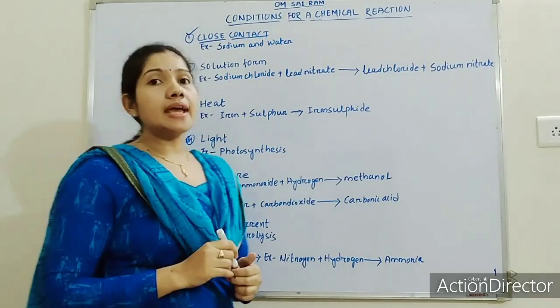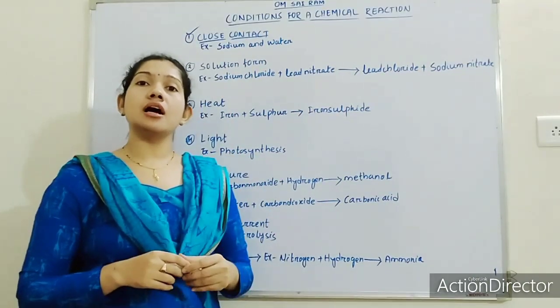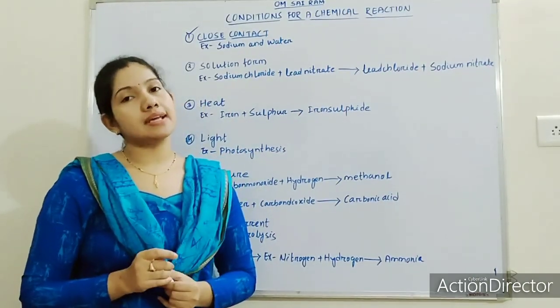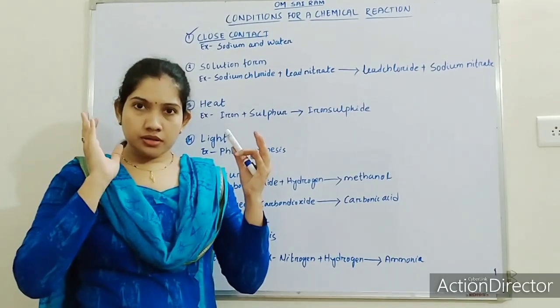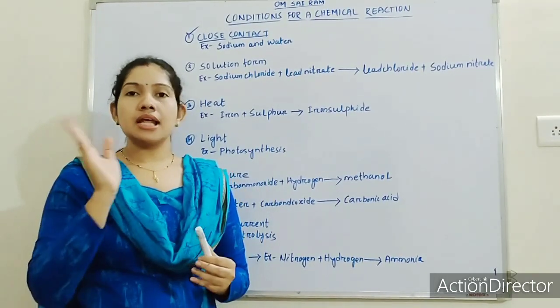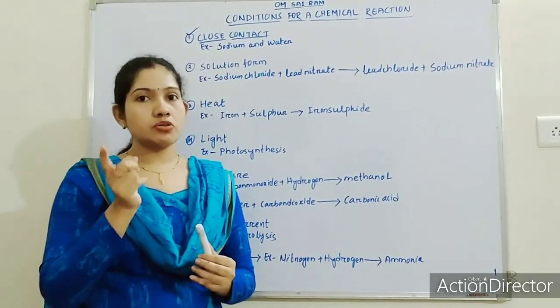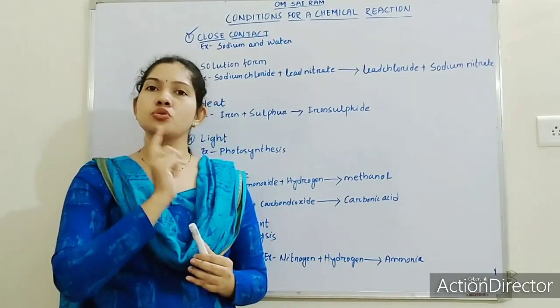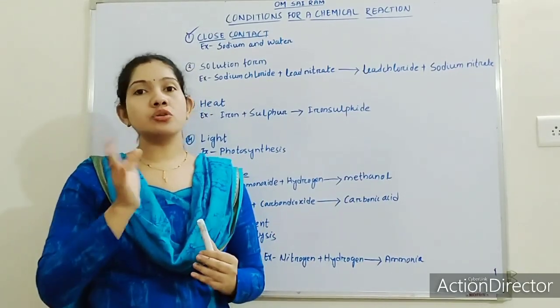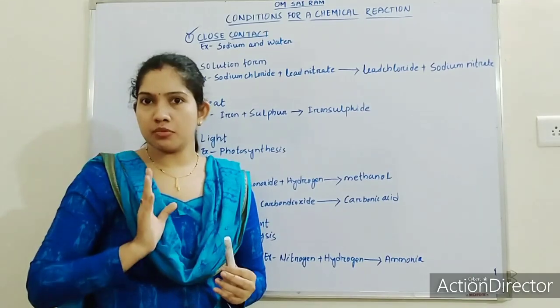The two reactants should be in close contact when they are reacting. Take the example, in the last video we discussed the electronic configuration of sodium and chlorine, so that they can form sodium chloride.